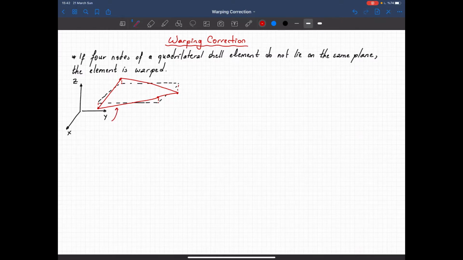So this one is the warped shell element. And this one is the projection of the element to a flat mid-surface.